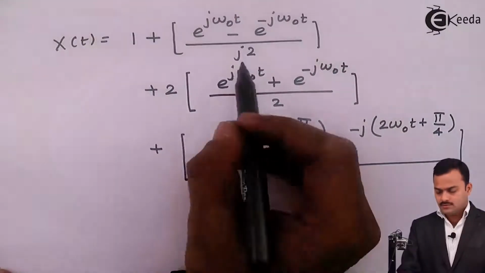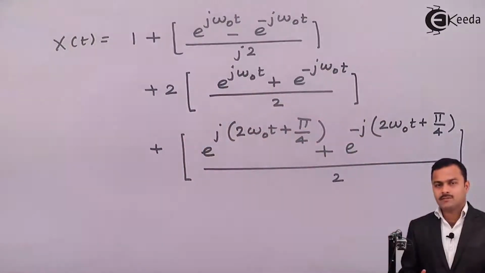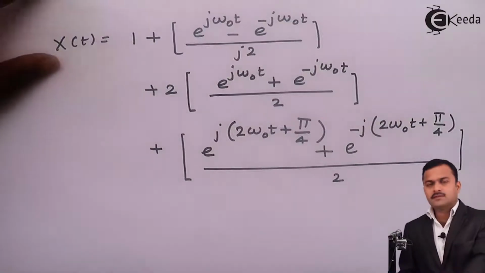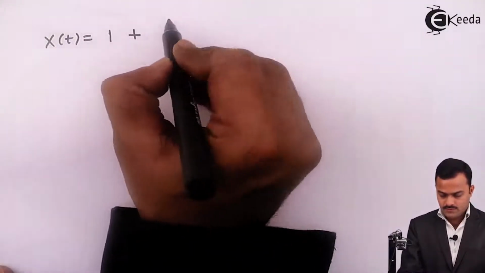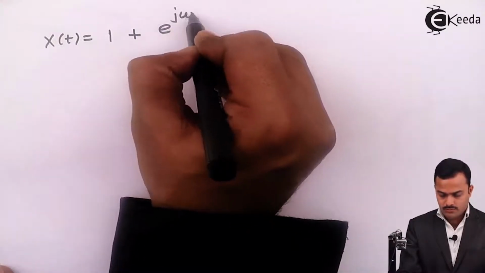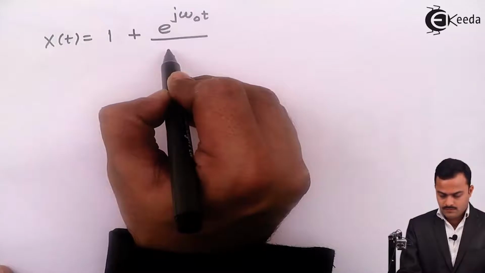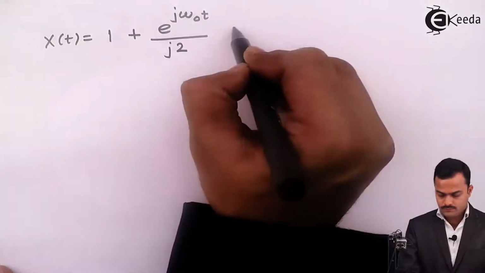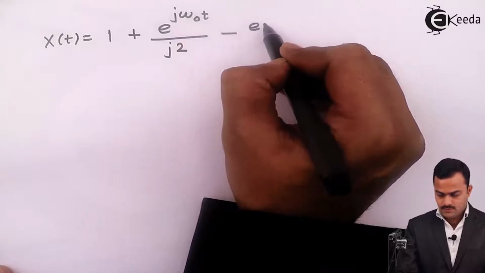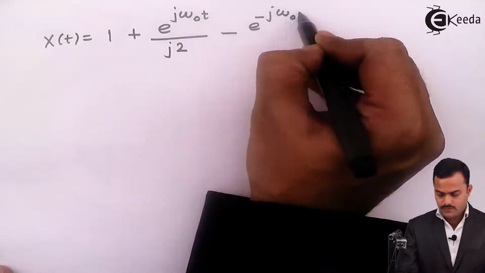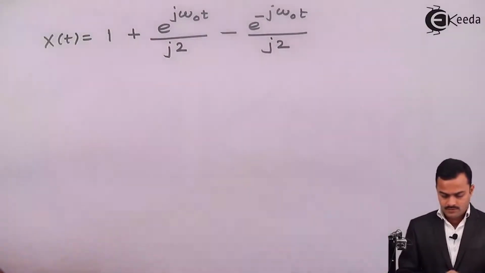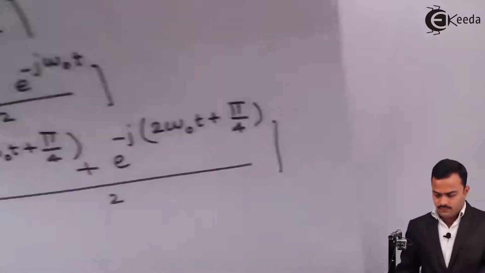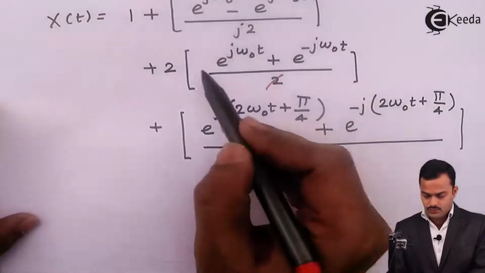Let's simplify it so that we can split it and club like terms. So x of t equals 1 plus e raised to j omega 0 t upon j2 minus e raised to minus j omega 0 t upon j2. From here I can cancel the 2.